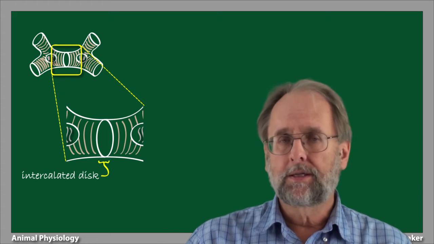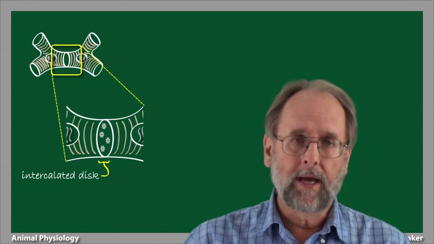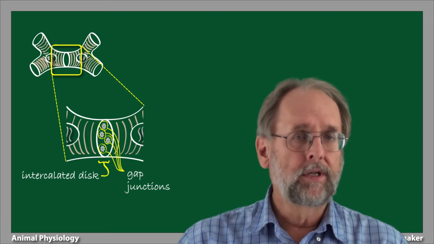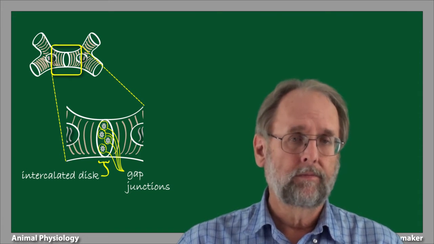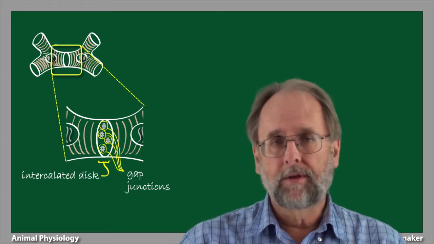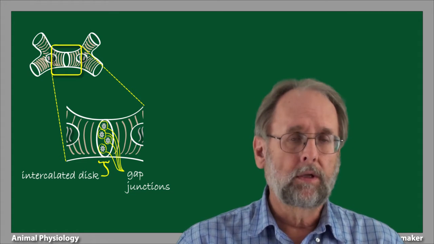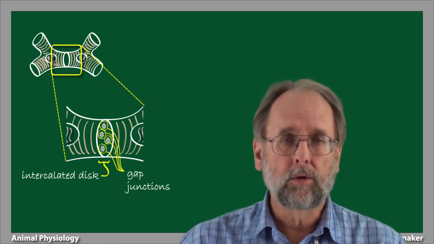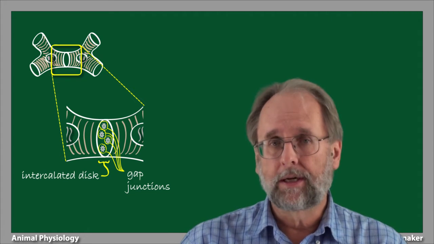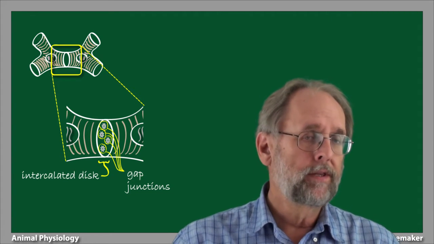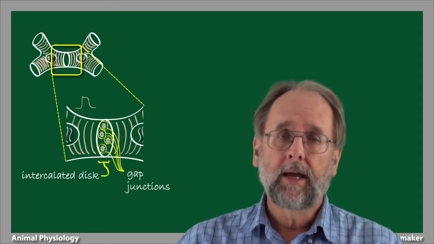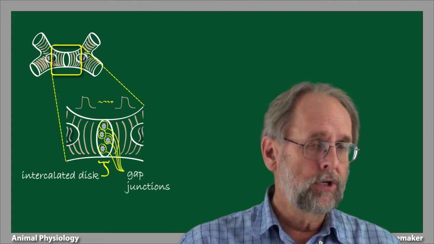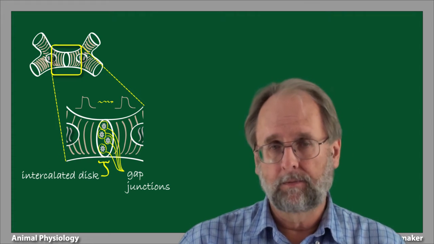The intercalated disc is decorated with numerous gap junctions. We've already seen gap junctions in the structure of the endothelial cell. The function of the gap junction, remember, is to allow the passage of small molecules like ions from cell to cell. This means that the electrical activity in one cell, like an action potential, can be transferred through the gap junction to an adjacent cell.